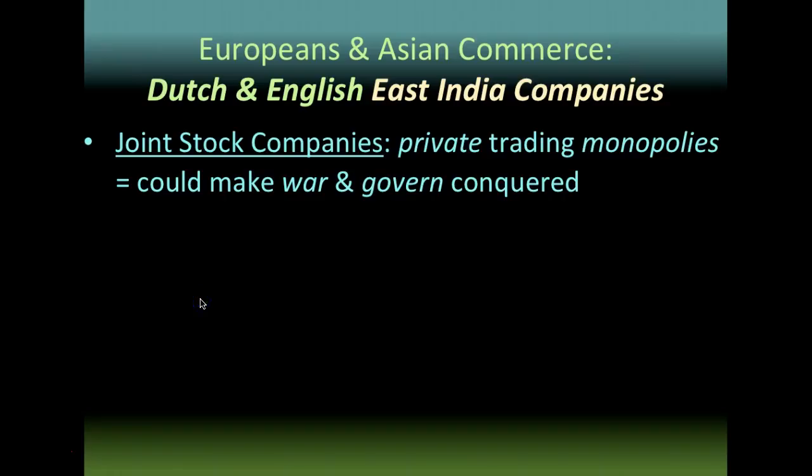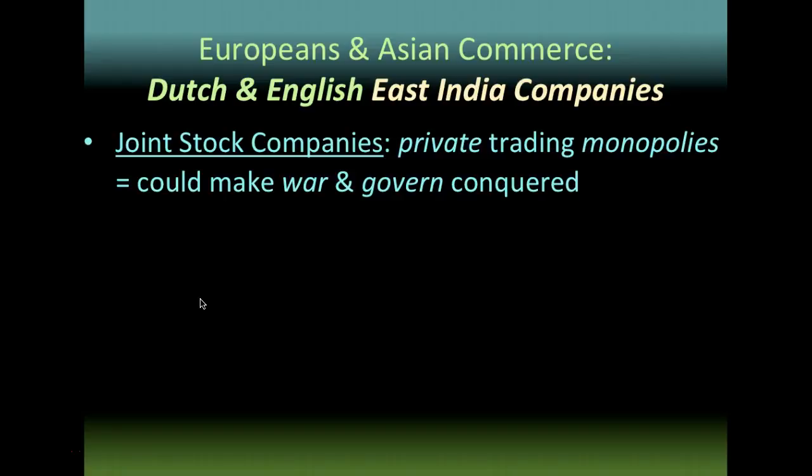So in Asian commerce, the Europeans created what are called East India companies. The Dutch and the English in particular were really strong on these East India companies, and they are again joint stock companies, which are private trading monopolies. So private company that has a monopoly on a certain product.